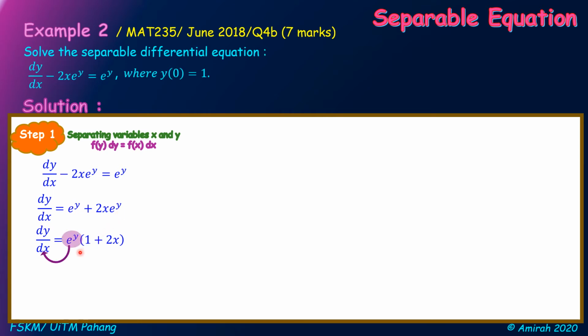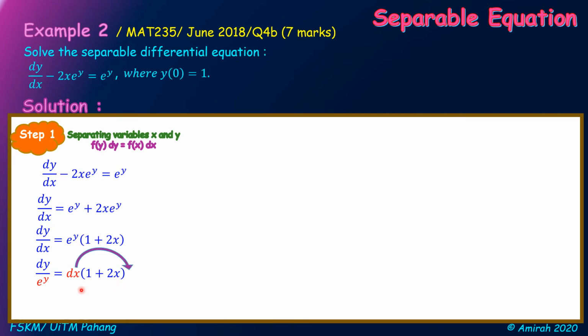After that, we can move e to the power of y to the left hand side. At the same time, we can move denominator dx to the right hand side. So after we move, we just exchange e to the power of y and dx. So we have dy over e to the power of y, and we have dx times 1 plus 2x.